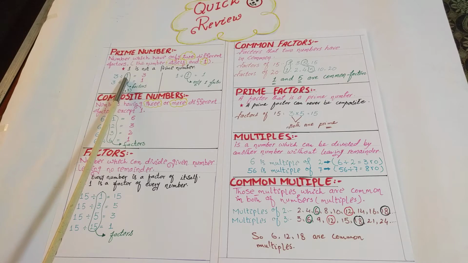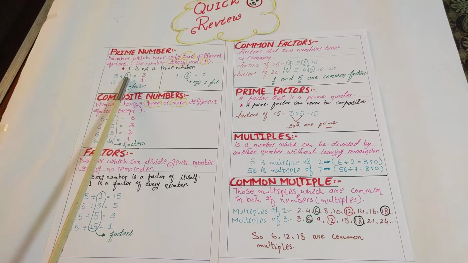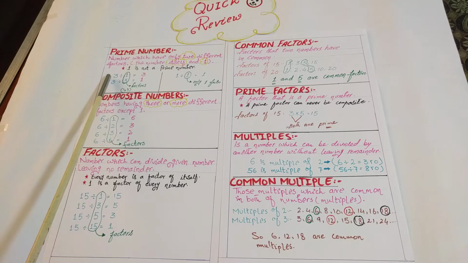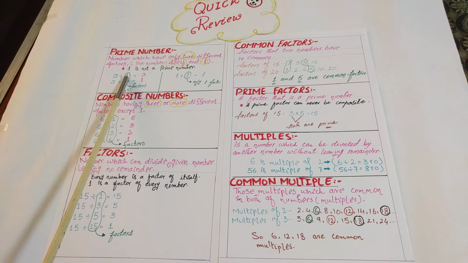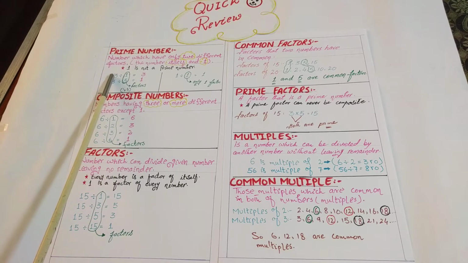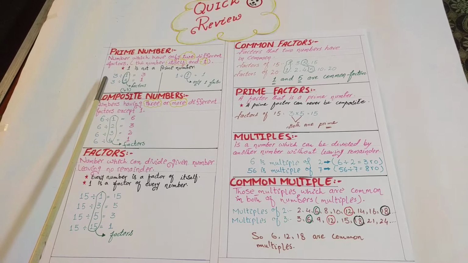This divisor is actually the factor, and a factor is a number which completely divides the given number without leaving any remainder.